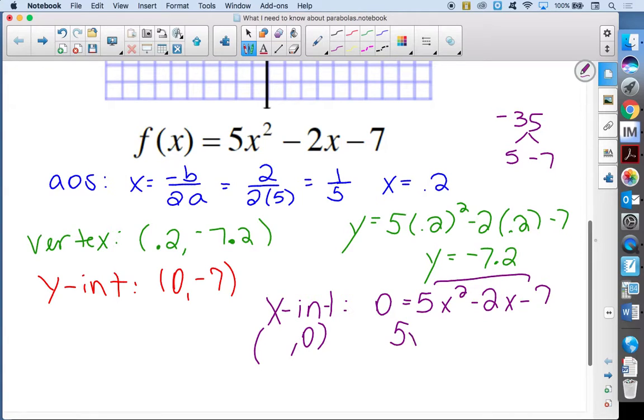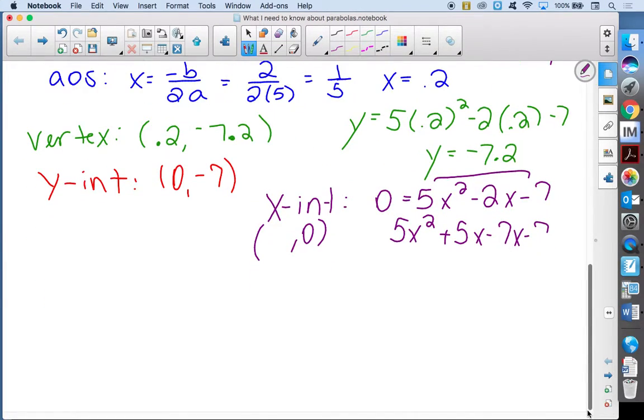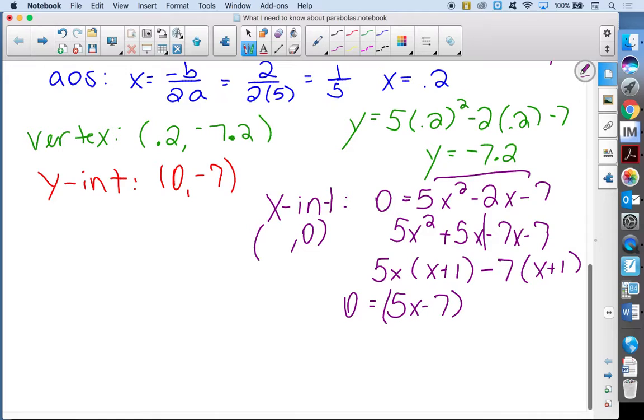So then we get 5x squared plus 5x minus 7x minus 7. And then you get 5x parentheses x plus 1, and you take out the negative 7, and you get negative 7 times x plus 1. Good. And then you get parentheses 5x minus 7 parentheses x plus 1.